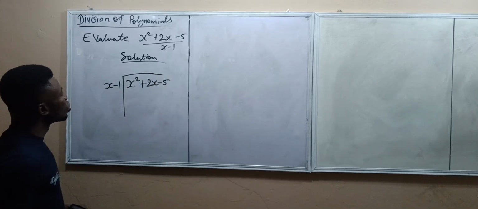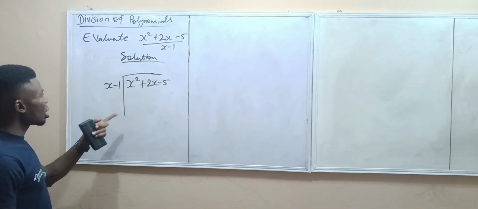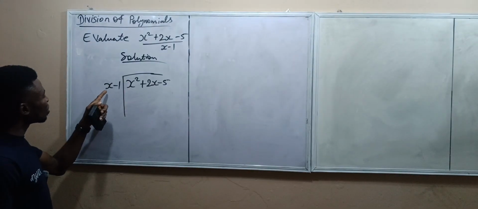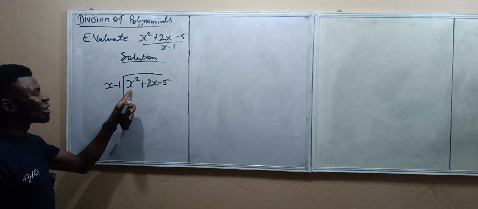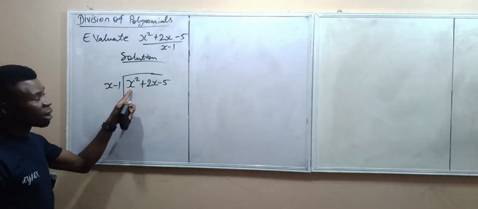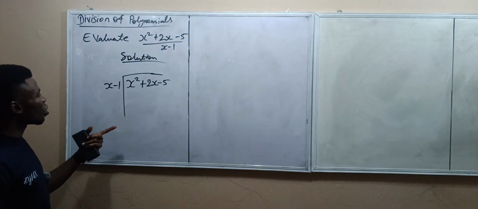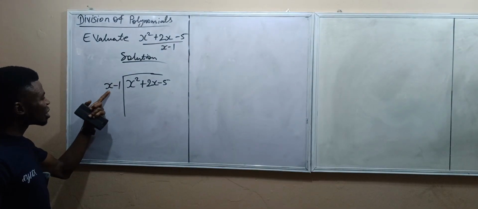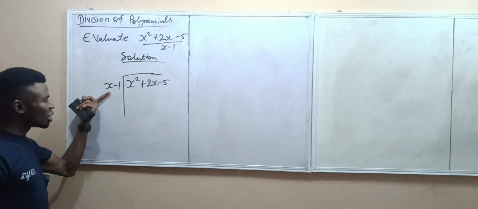Now, you look for a number or a variable that when you multiply with the first term of the divisor, it gives you the first term of the polynomial. Don't consider the second term this time around, just the first term of the divisor.